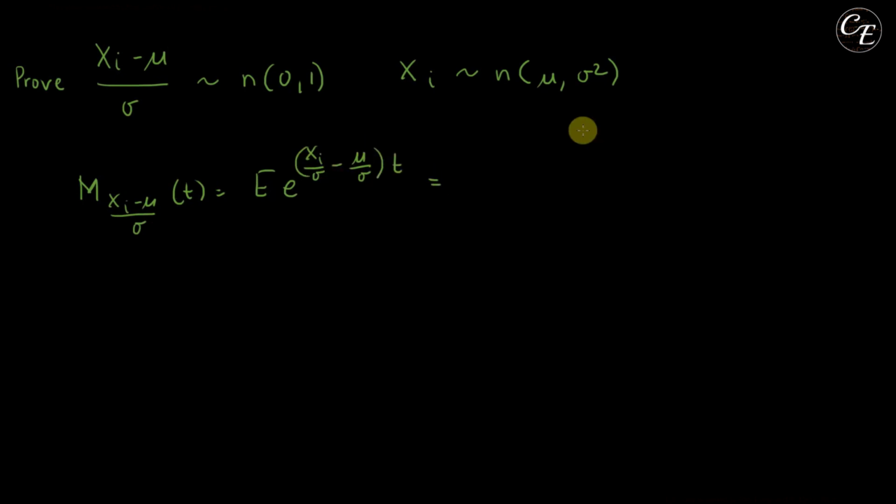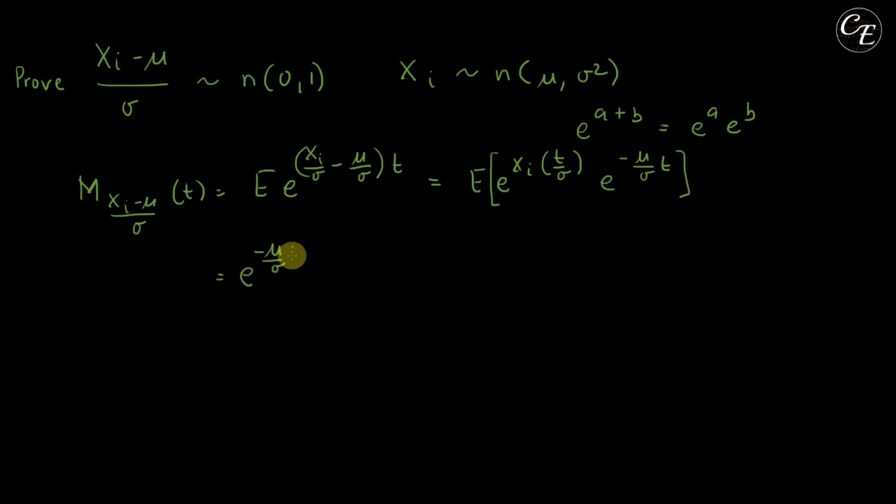Then it is equal to, from algebra, e raised to a plus b is equal to e raised to a times e raised to b, so we have here the expectation of e raised to x sub i times t over sigma, and then e raised to negative mu over sigma t. Now this one is a constant, so we can move it outside of this expectation, so we have here e raised to negative mu over sigma t times the expectation of e raised to x sub i times t over sigma.